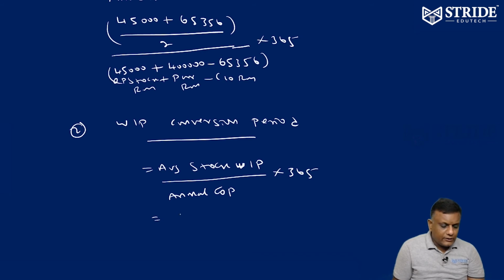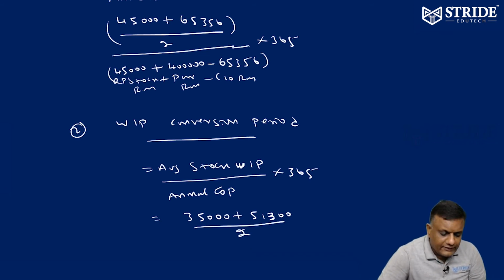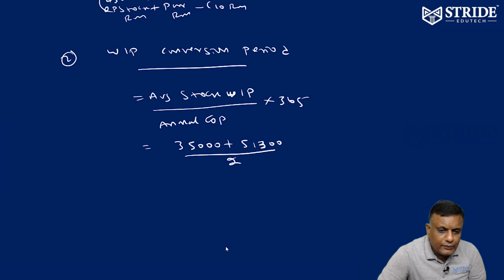Average WIP is opening WIP 35,000 plus closing WIP 51,300, by 2.